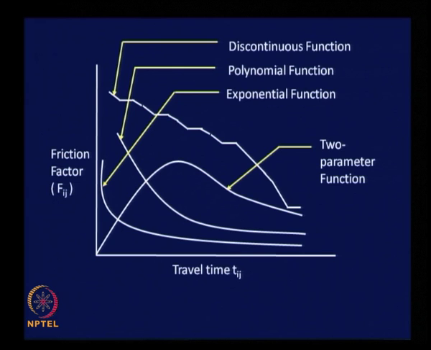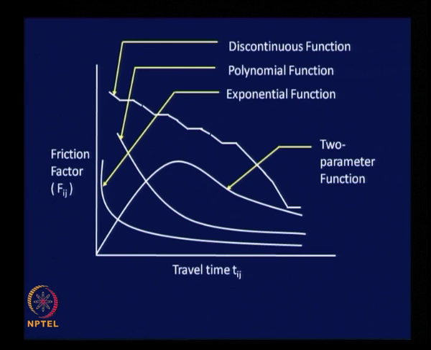Why not simply take Tij as Fij? Why express Fij as a function of Tij? Because in practice it is found that the distribution cannot be explained by travel time alone. It has to be a function.